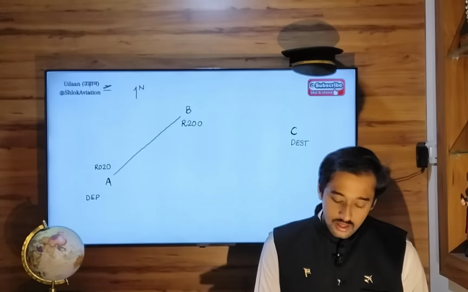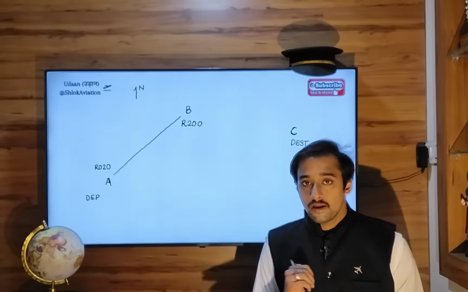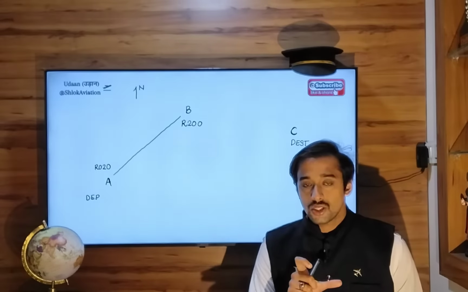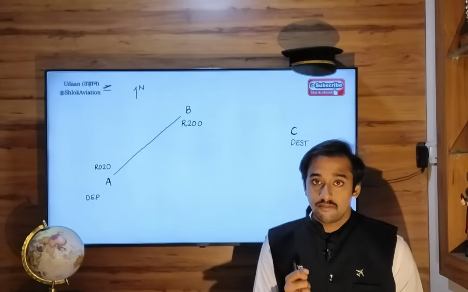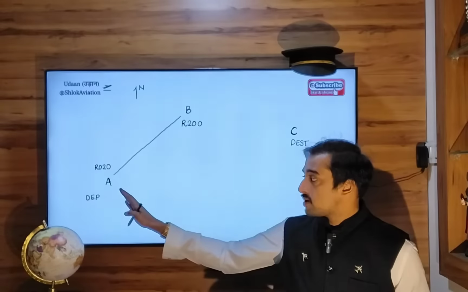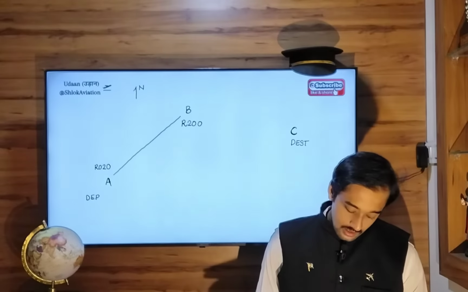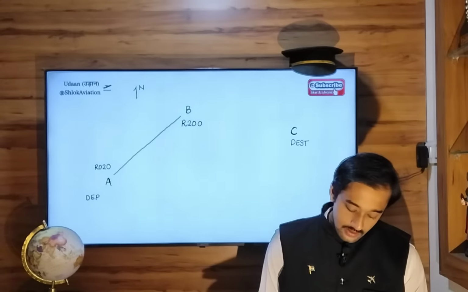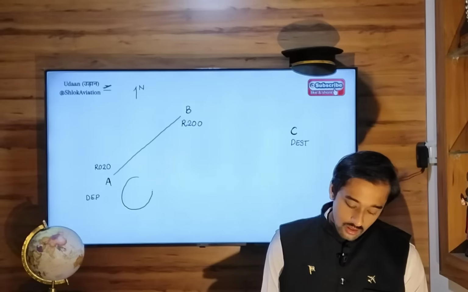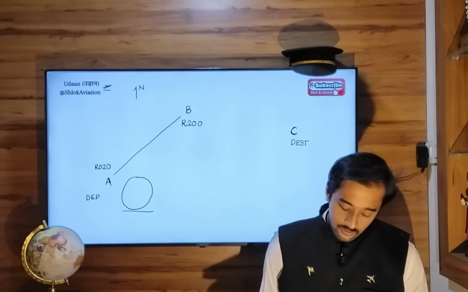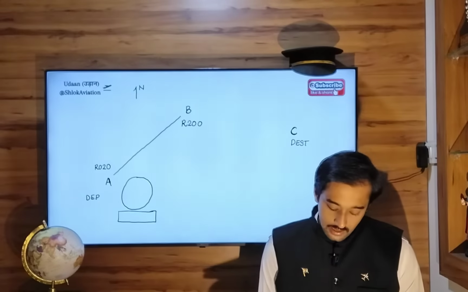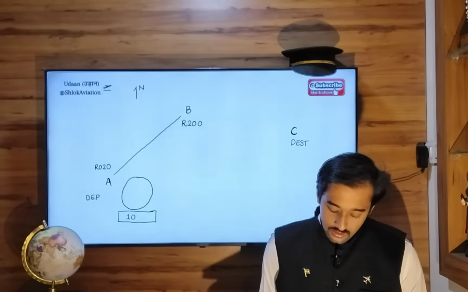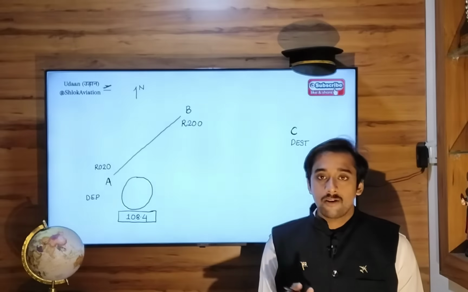Now, when you're tracking from A to B, there is a particular range beyond which you will have to transition to the next VOR station. Meaning, when you start from location A, the frequency of this VOR location A, you will put in the frequency box. Let's say it is 108.4. So I have put that frequency.